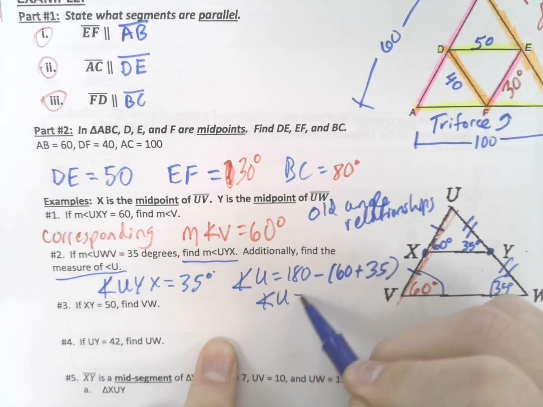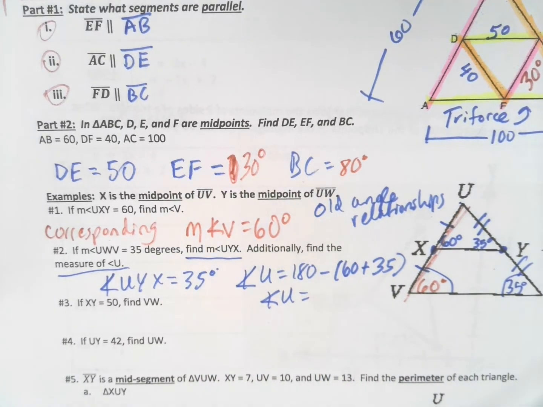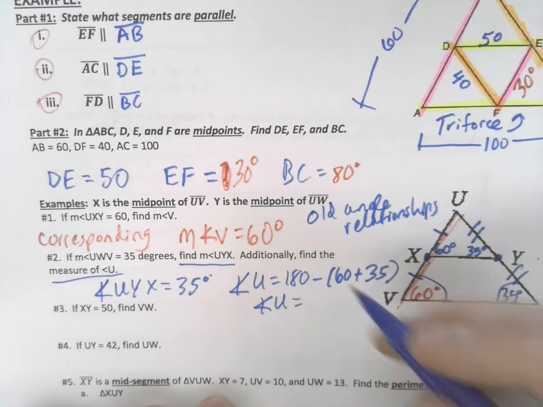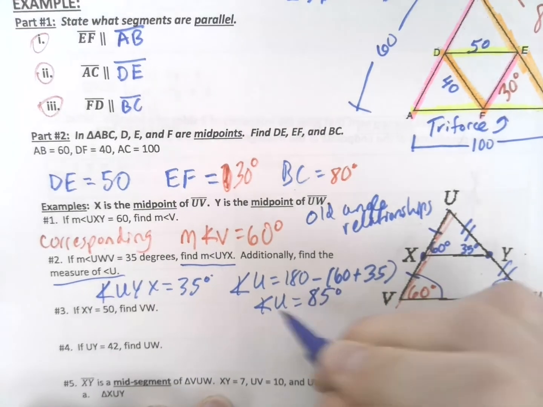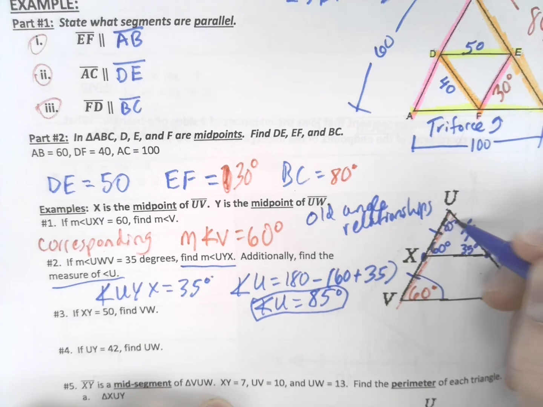So we'll see what we end up getting here for angle U. We do that, 180 minus whatever 60 plus 35 is. Oh, looks like that gives us 85 for this angle up top.